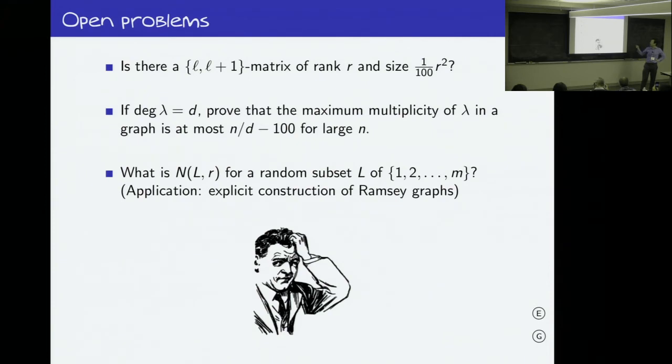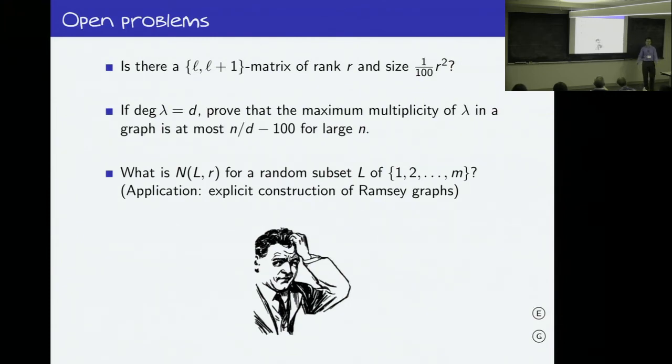If you always do symmetric, can you prove a better upper bound? I have no idea. Actually, speaking of upper bounds, can you prove any better upper bounds, even for this easy argument I just told you, that the eigenvalue multiplicity is at most n over degree? Can you prove n over degree minus a constant?